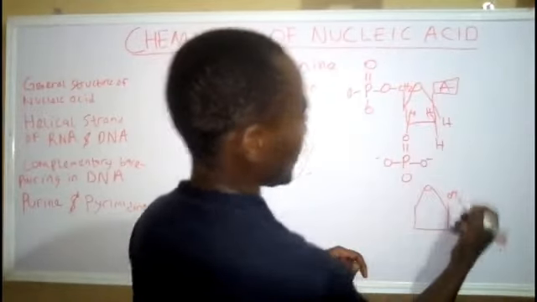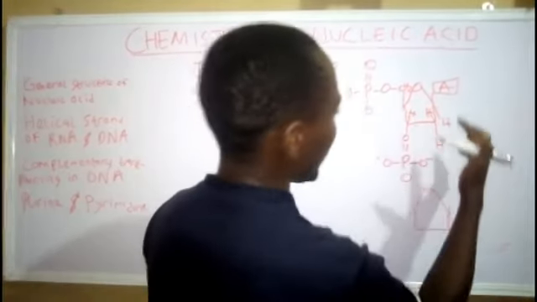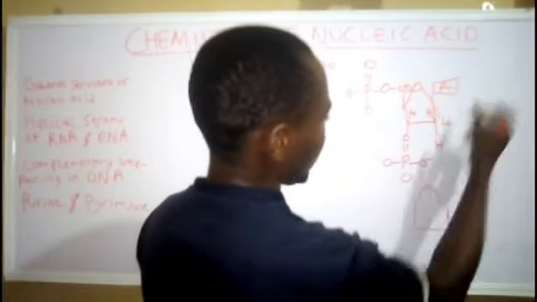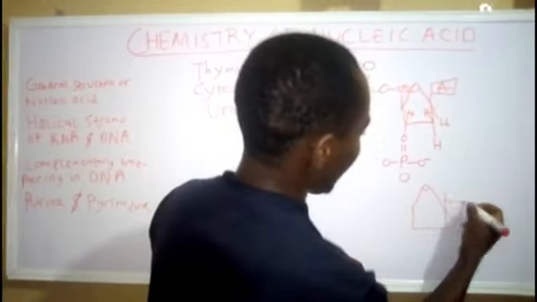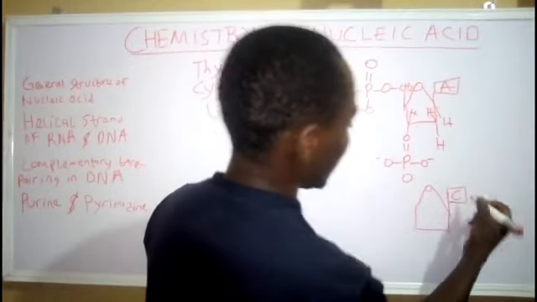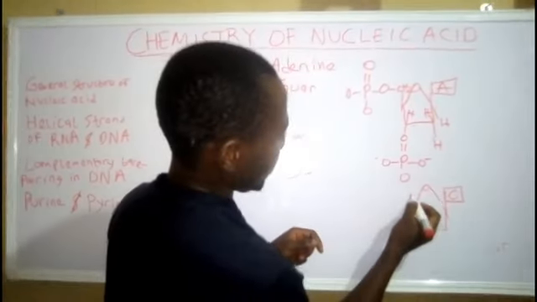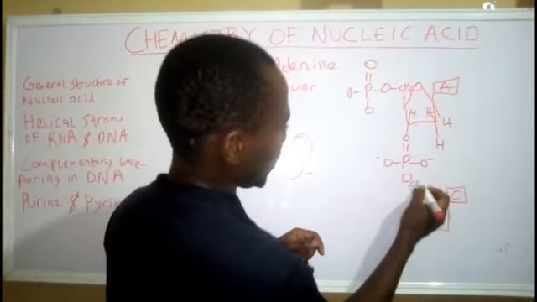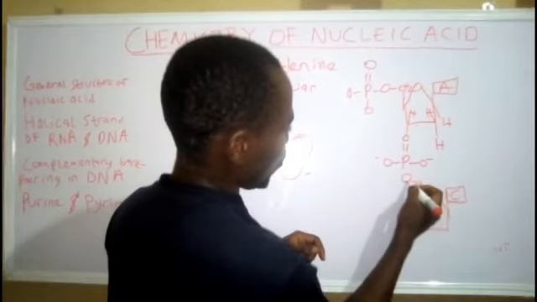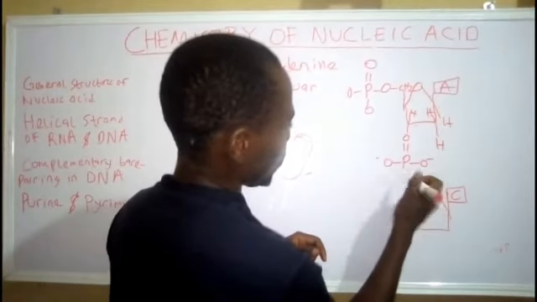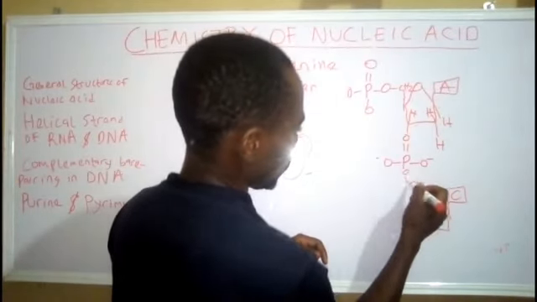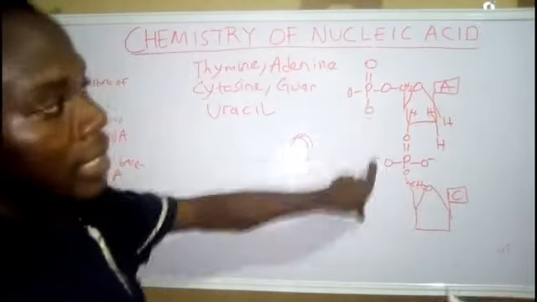Let's represent it with A. So the same way, another base here, let's put cytosine. Now look at here, this is the fifth one, CH2. So now also bonded here, are you getting it?